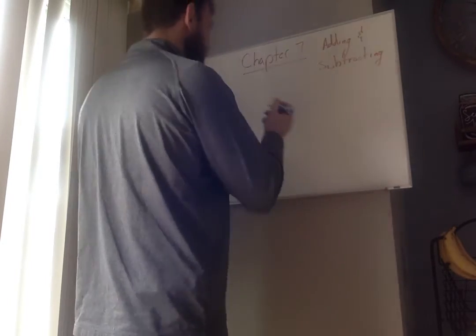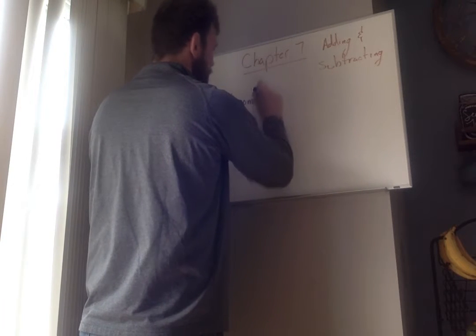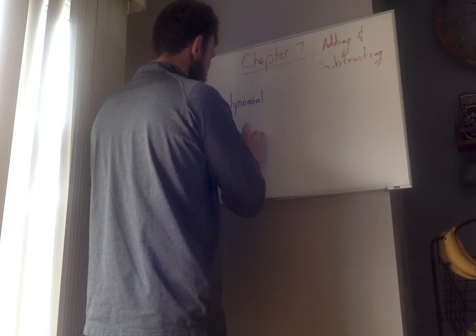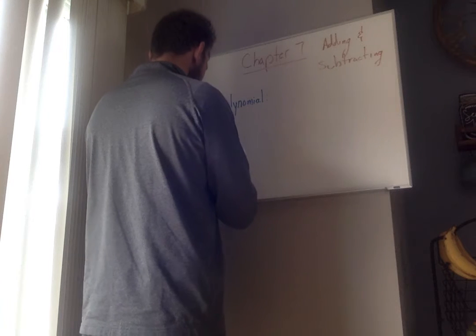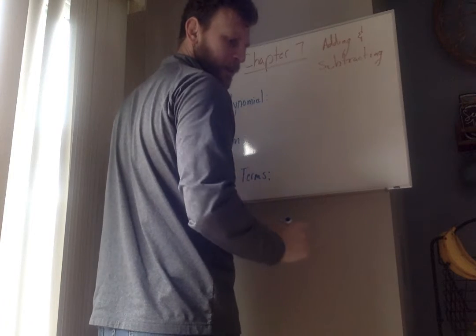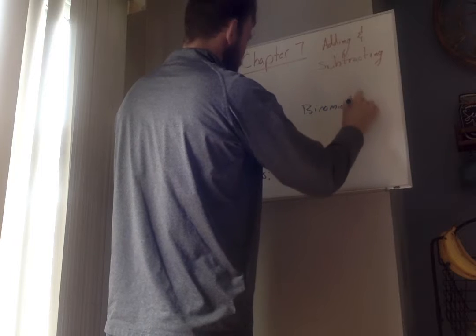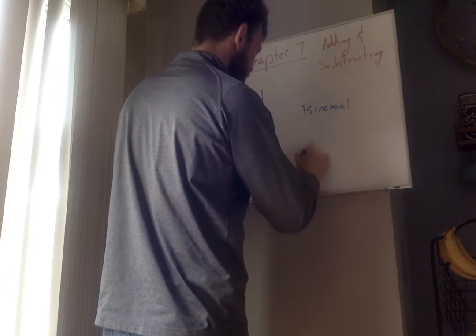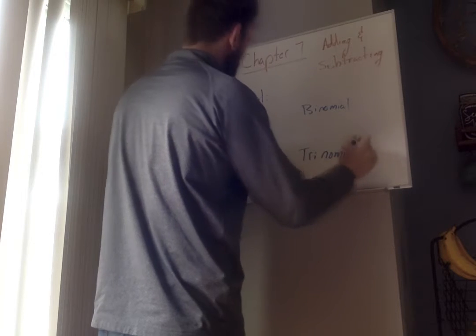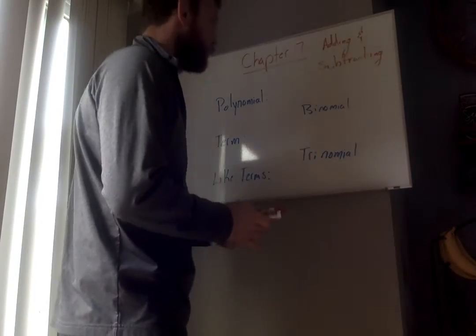Now, a polynomial, and then we have a term, like terms, binomial, trinomial. So a polynomial, we're going to skip this for a second, and we're actually going to go to binomial.